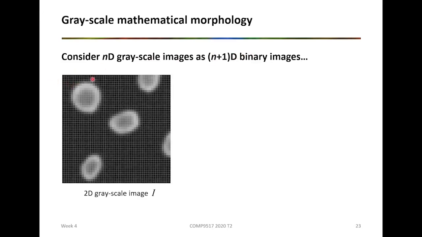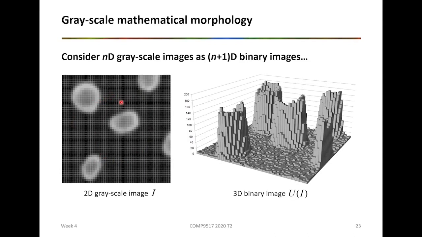If this is my input grayscale image, a 2-dimensional image, where every pixel has a particular gray value or intensity, I could represent it as a 3-dimensional binary image, like this, where you see all these columns here. At every pixel, x and y, there's a column with a height equal to the gray value in that pixel in the grayscale image. And this representation is called the umbra of the image, u of I.